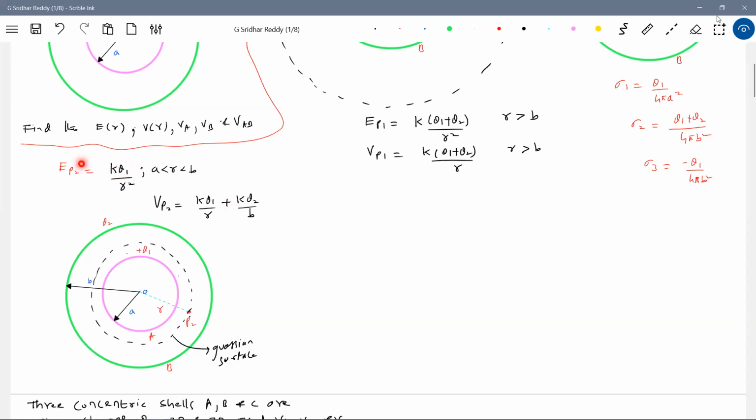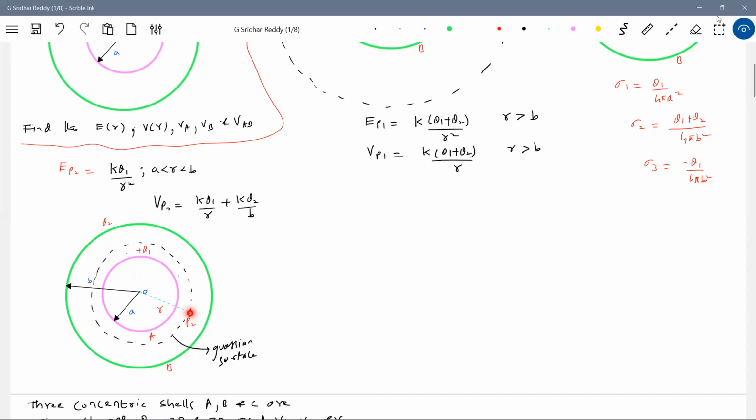When it comes to field, we took Gauss law. Net charge enclosed by the Gaussian surface will contribute field there. When it comes to potential, what did we do? We took superposition. The charge on all surfaces will contribute here. Q1 will contribute potential, Q2 also will contribute. Point P2 lies outside this shell. So therefore KQ1 by R. Then you assume that this inner shell is not there.